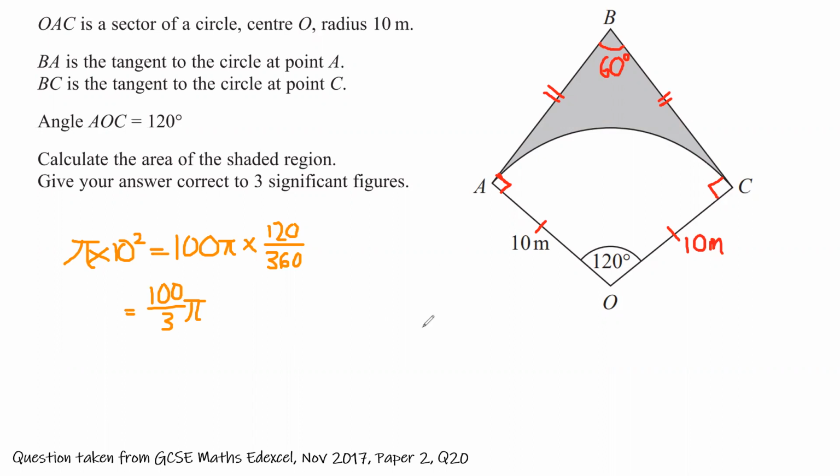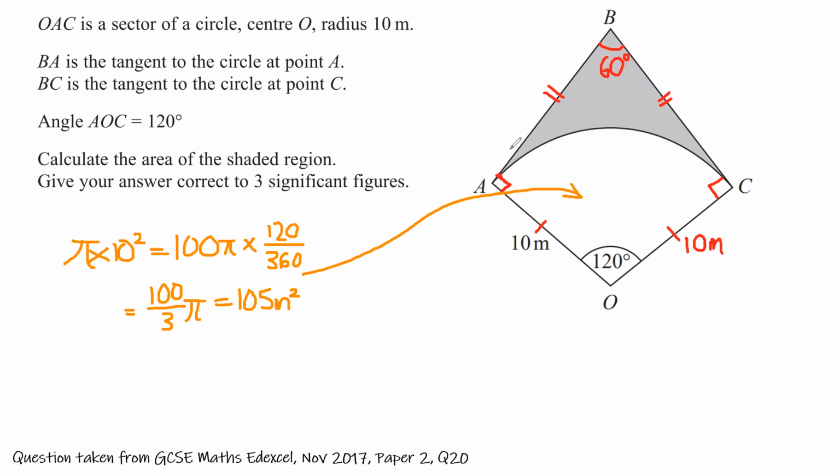So that's the area of the circle segment. If you wanted to work this out in real terms, I think it works out at about 104, 105-ish meters squared. Okay, so that is the area of this circle segment here.